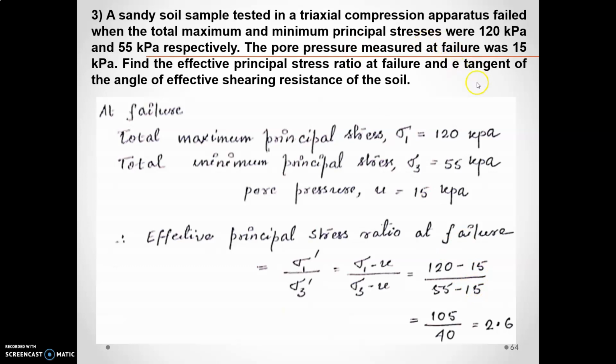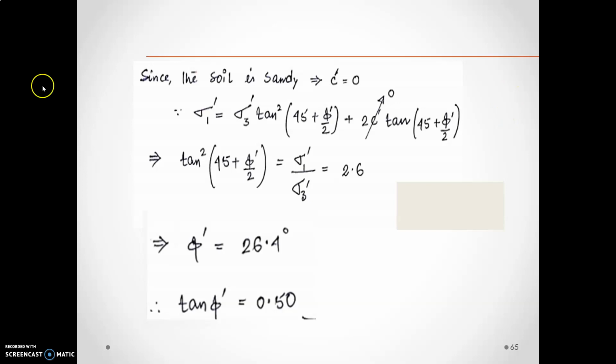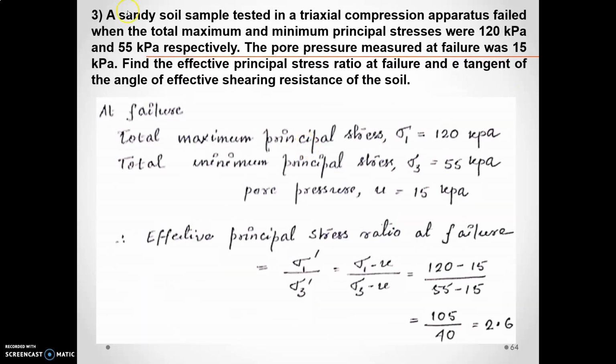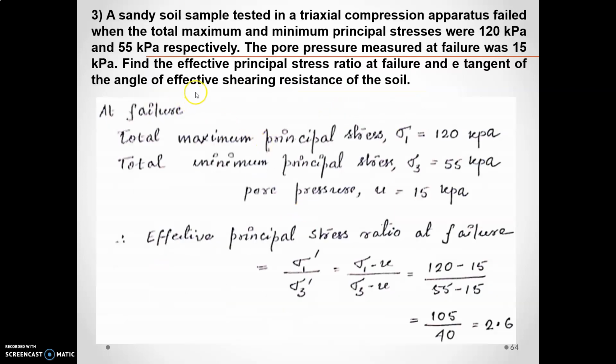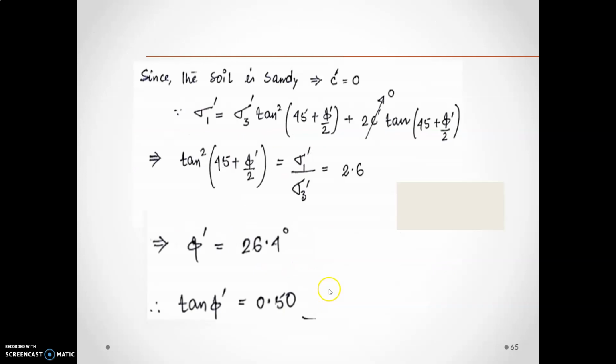The second one is they have asked to calculate the tangent of the effective shear resistance. Here it is given that this is a sandy soil, so c is equal to 0. Okay, here everything is in terms of effective shearing resistance, so you have to use dash. So c dash is equal to 0.